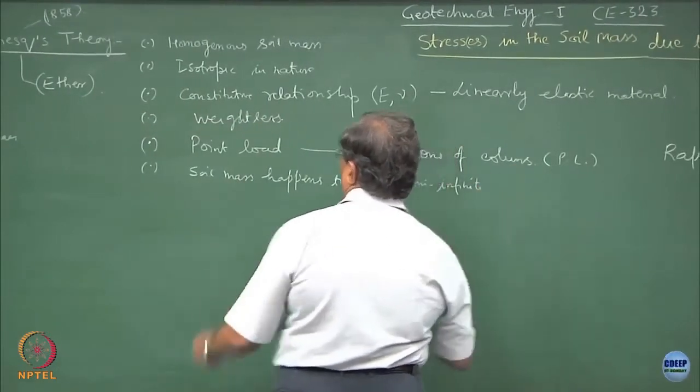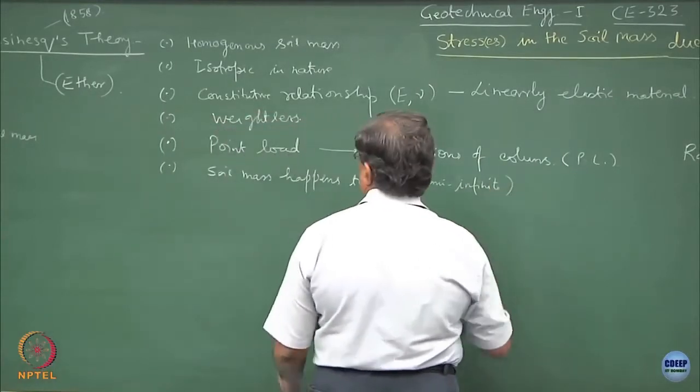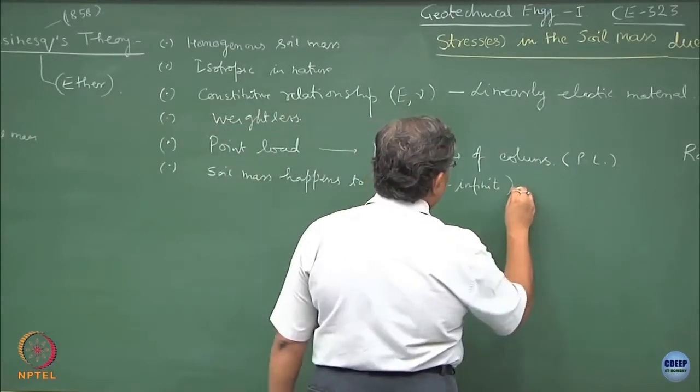That means the extent of the soil mass is semi infinite. We call it a semi infinite soil mass, alright.